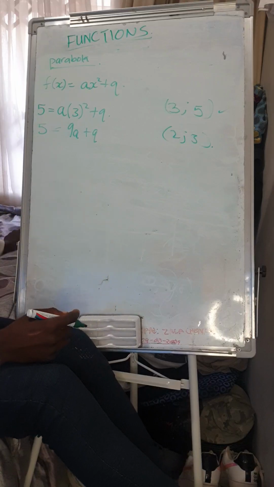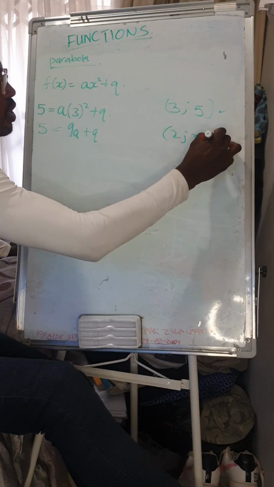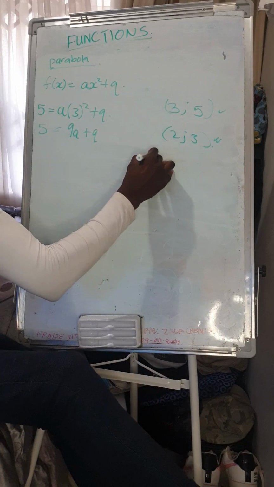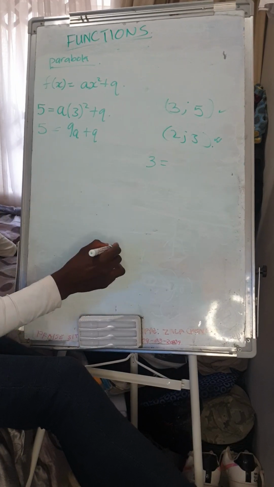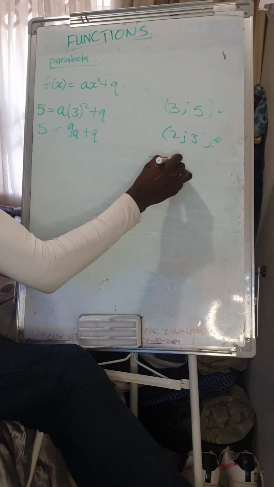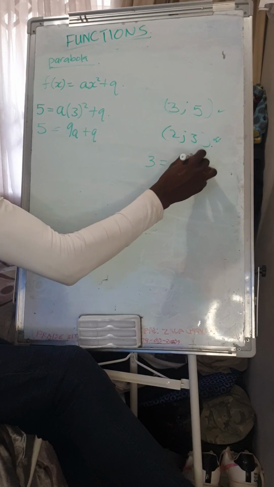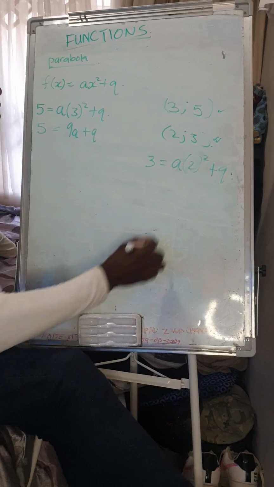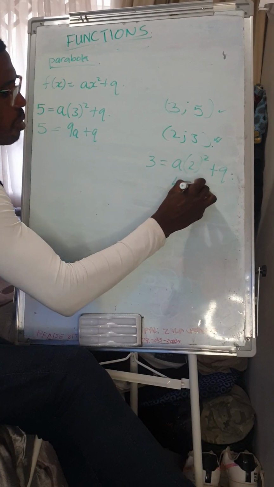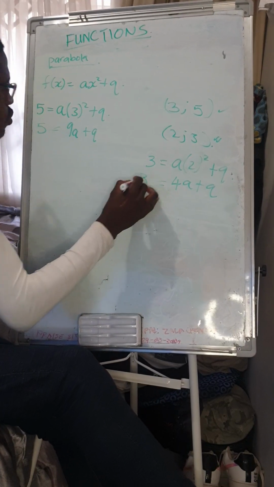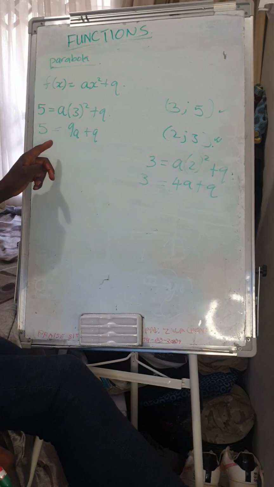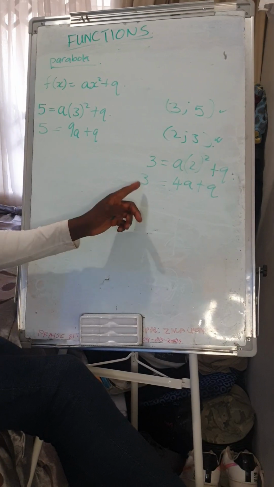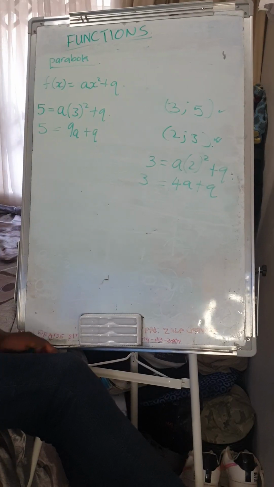Before we manipulate, let's take the next point, which is this one. We say 3 equals a times 2 squared plus q, right? So we have 4a plus q equals 3. Here we have 9a plus q equals 5. This side we have 4a plus q equals 3.